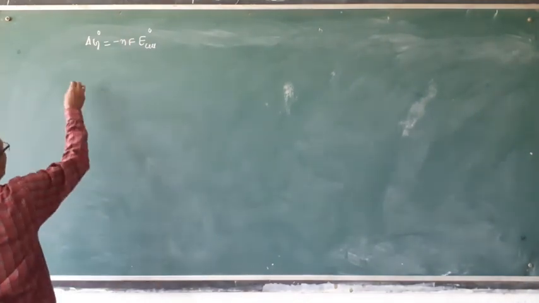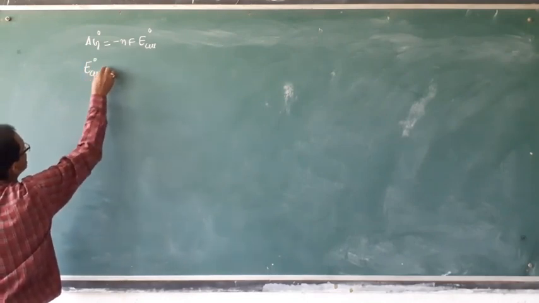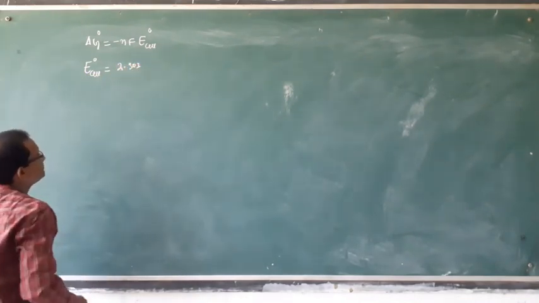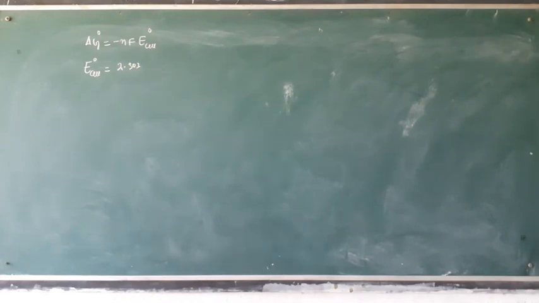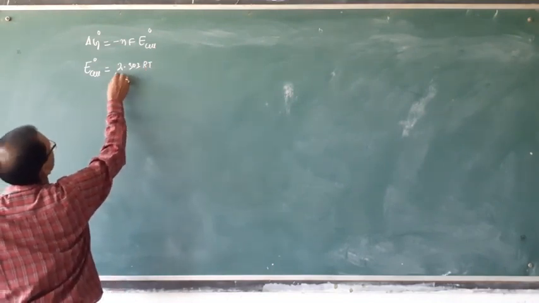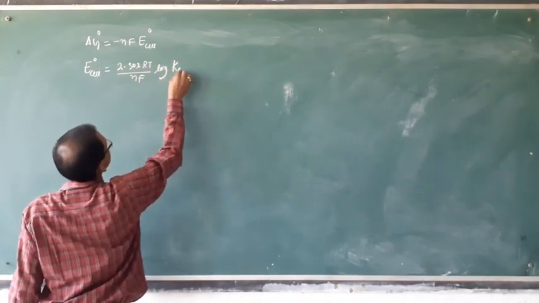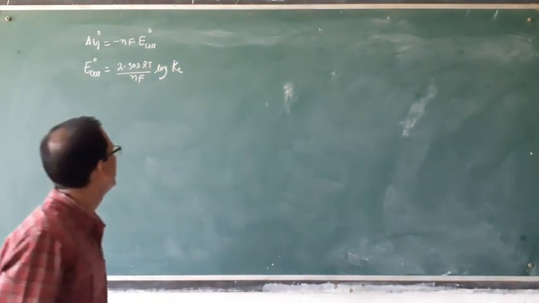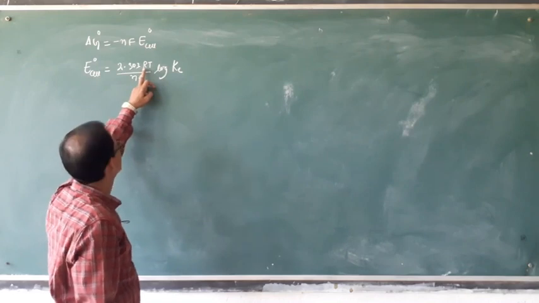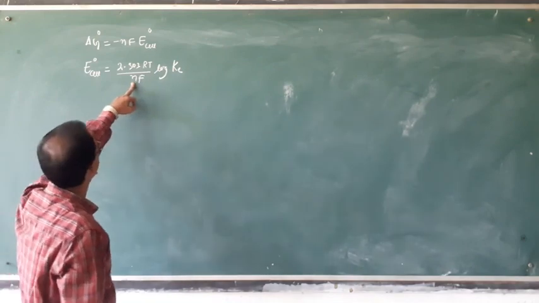This formula, and your E naught of cell is equal to 2.303 RT by nF log Kc. What is Kc? Kc is the equilibrium constant. R is the universal gas constant, T is the temperature, F is the Faraday, n is the number of electrons lost or gained.